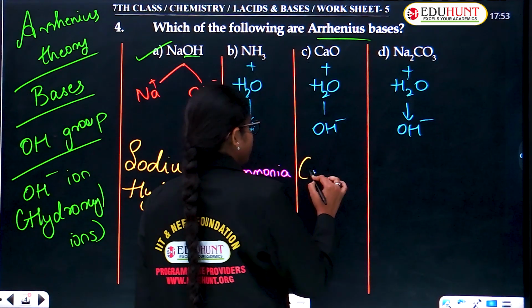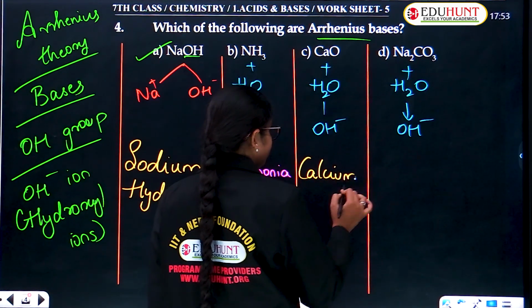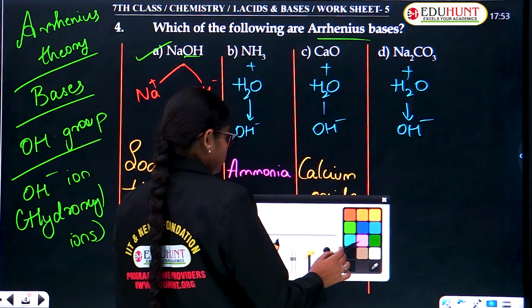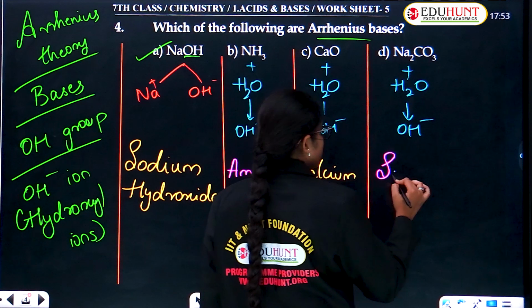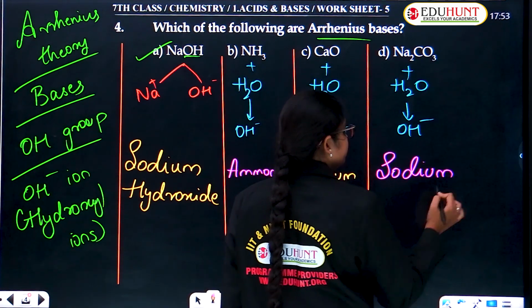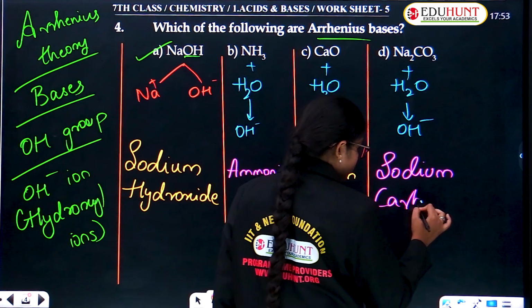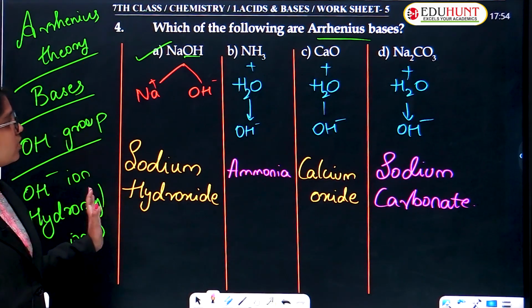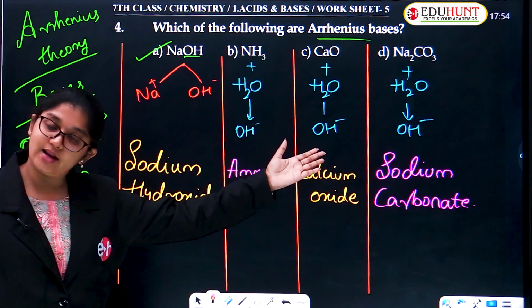Very good, calcium oxide, and what is the name for Na2CO3? Sodium carbonate. Very good, sodium carbonate. Okay, so these are the names for the particular chemical formulas, children.